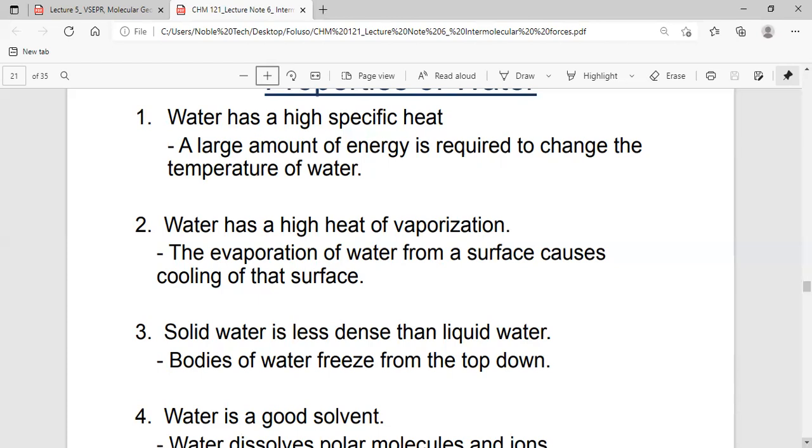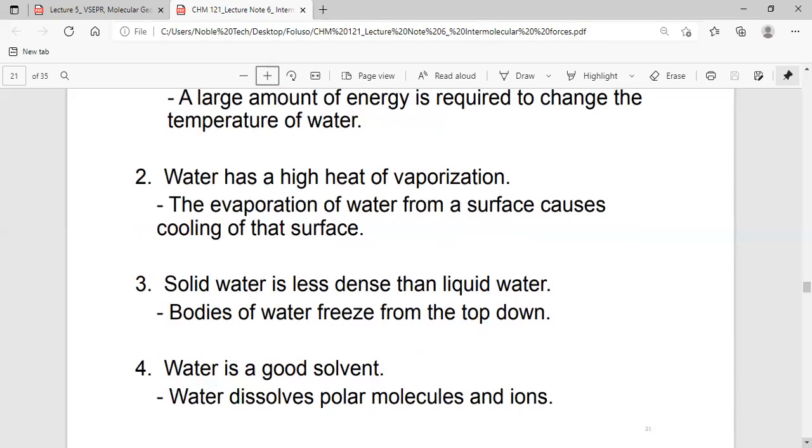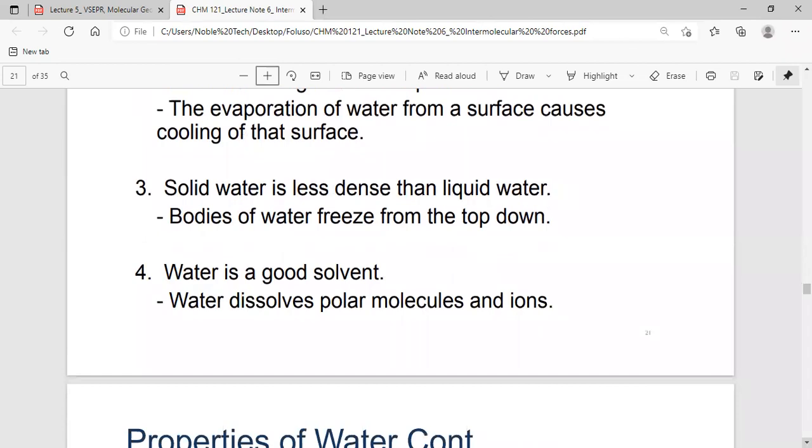Because of that, ice will float on water. So bodies of water freeze from the top down because the density of solid water is less than that of liquid water. So you have solid water floating, and that is also caused by hydrogen bond.